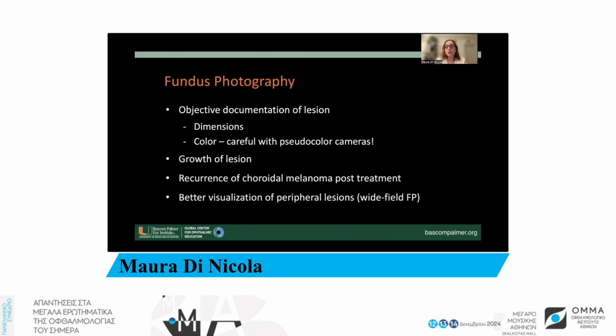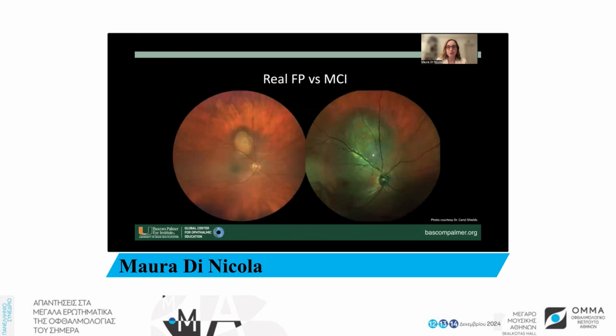With the introduction of newer wide field and ultra wide field imaging modalities, it is now easy to image even more peripheral lesions by taking just one photo in many cases. So even peripheral tumors can now be easily imaged on these machines.